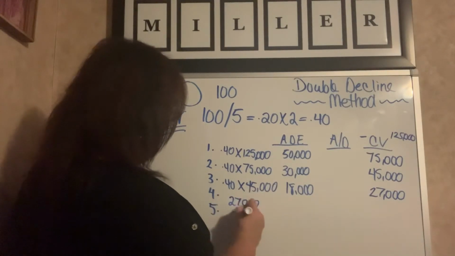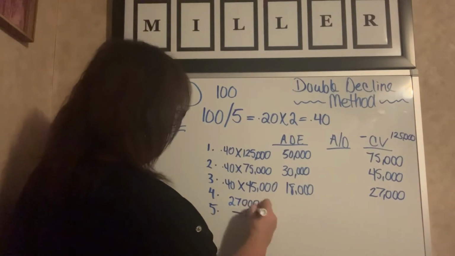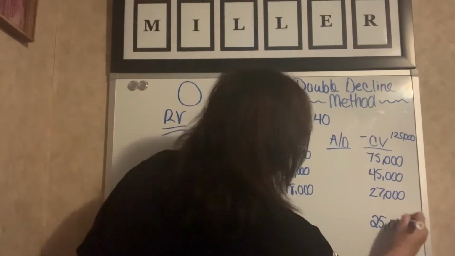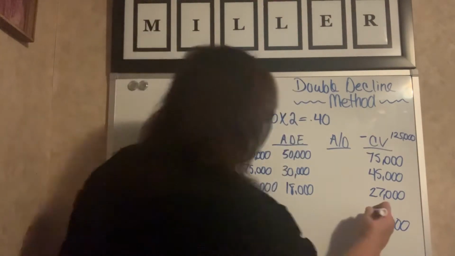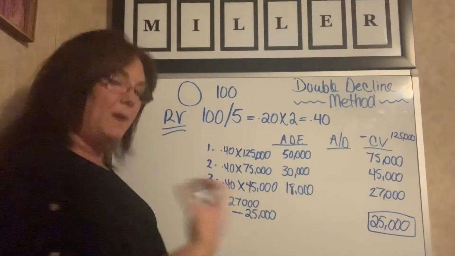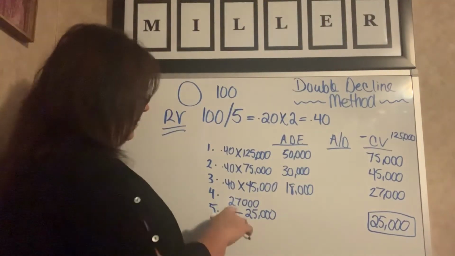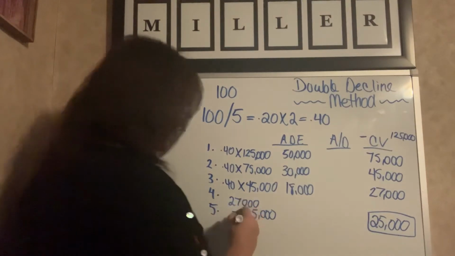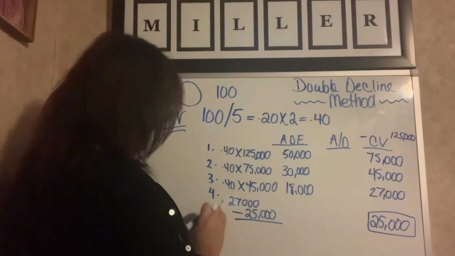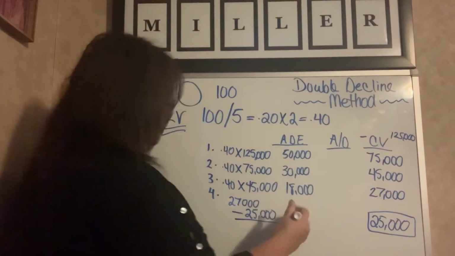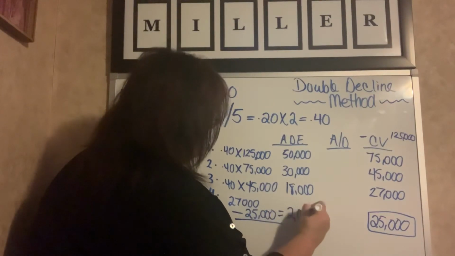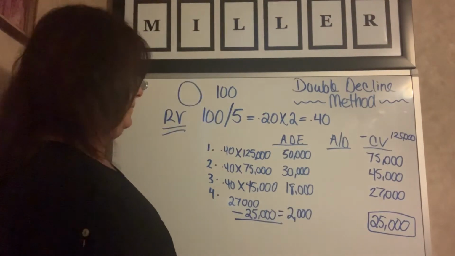We take 27,000 minus, we know we have to end up at $25,000. We have to end up here no matter what, under any circumstance. We can't go above that or below that. So 27,000 minus 25,000 means we can't even depreciate it a full 5 years. That means our depreciation expense is $2,000 in year 4.